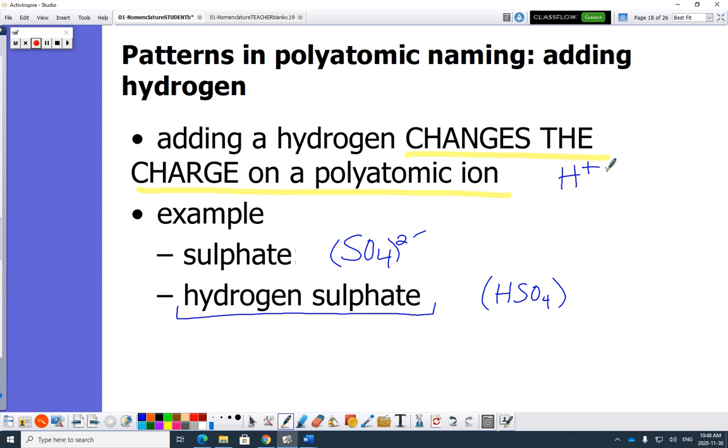It's lost its electron. All it is is a proton. That's powerful, okay? So when you put hydrogen with a polyatomic ion, then the charge is going to change. So logically then, if the charge on the ion is +1, then the charge on this is going to change by +1.